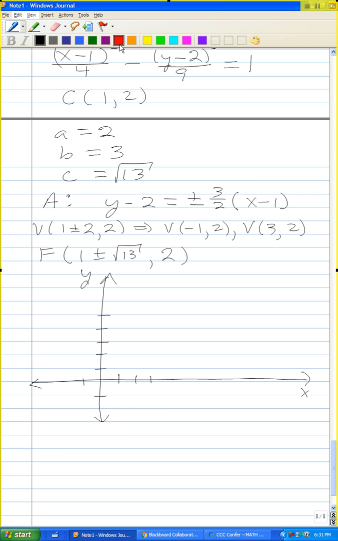Let me draw my bounding rectangle. And it's at 1, 2, so my center. Let me draw my diagonals, which will be my asymptotes.